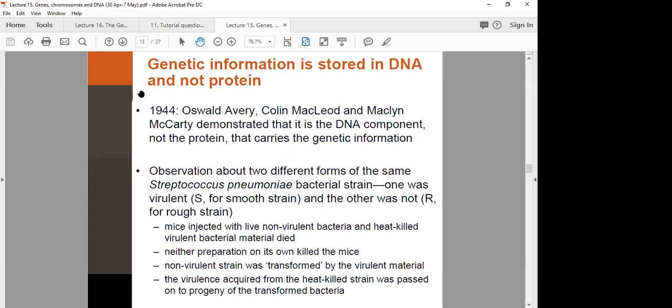Here we're going to step back a little bit in time to the 1940s, and let's think about the opinion at that time. Most people actually considered that DNA was too simple a molecule to actually be responsible for carrying genetic information that's transmitted from one organism to its offspring.